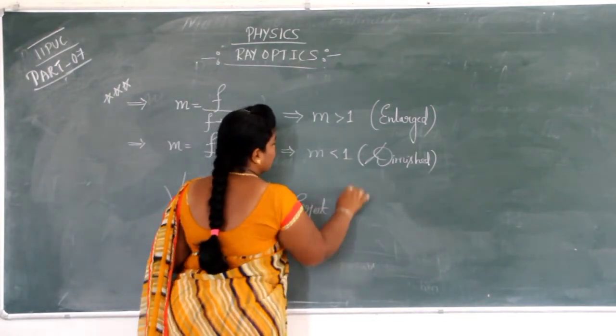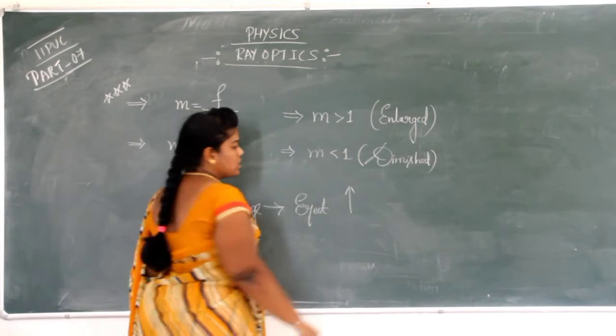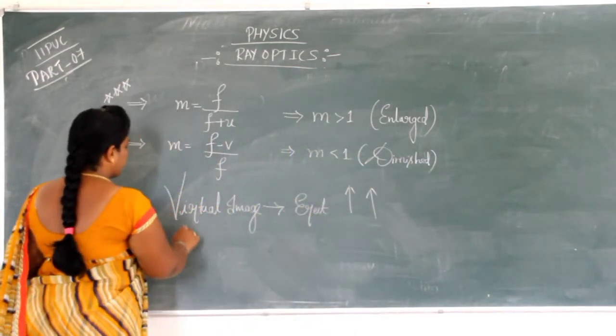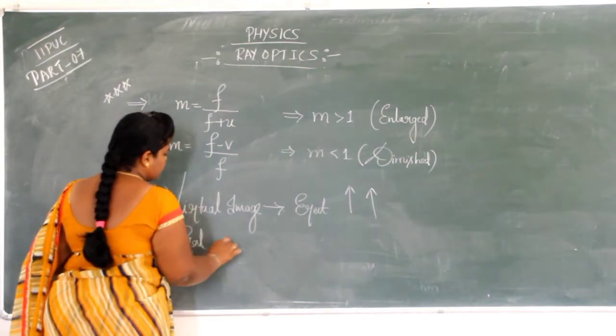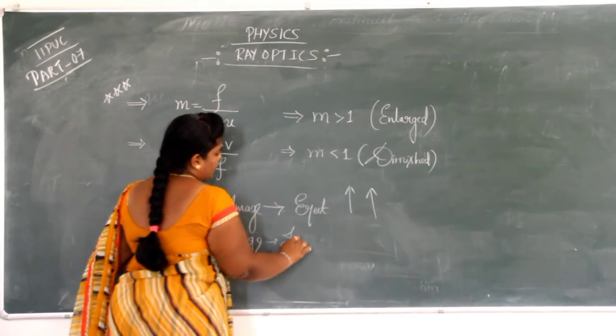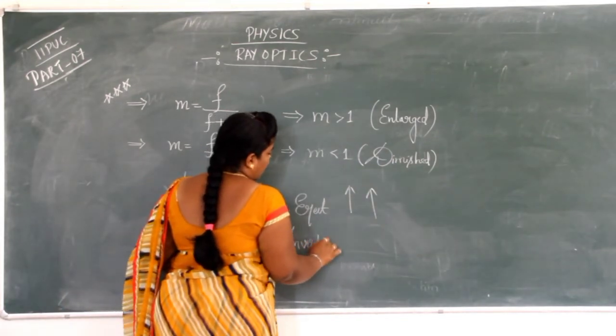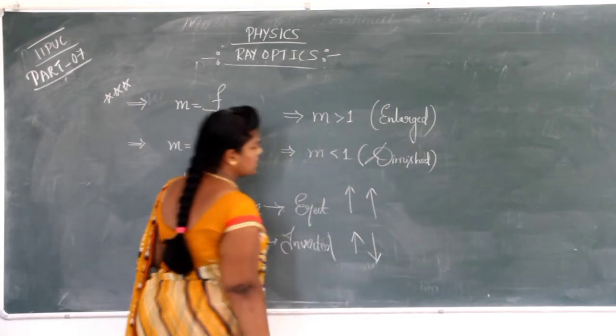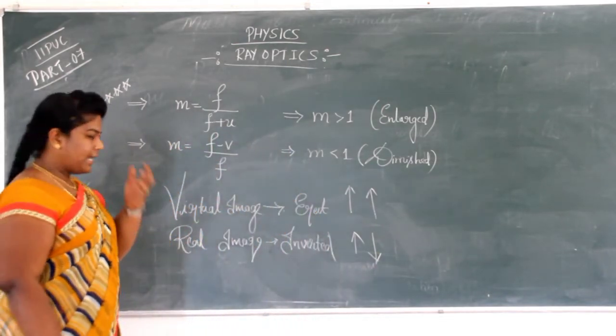Erect means that if the object is in this way, the image also should be in this way, right? Suppose if it is going to form a real image, it is always going to be inverted. That is, upside down. If the arrow is upward, we get the image in a downward direction.